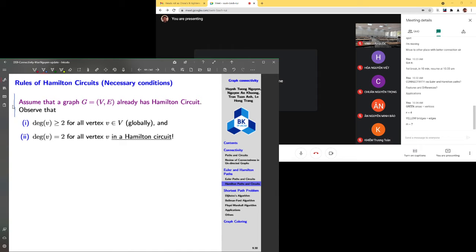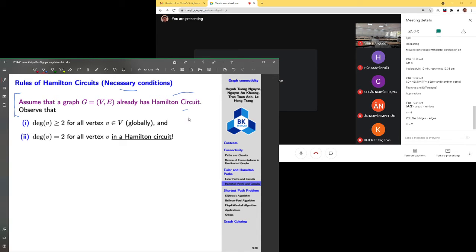Because we don't have the necessary and sufficient condition at the same time, I mean no equivalent condition for Hamilton circuit, therefore we have to formulate the necessary condition first. Necessary condition means if you assume some Hamilton circuit already exists, then what are the properties of that circuit?